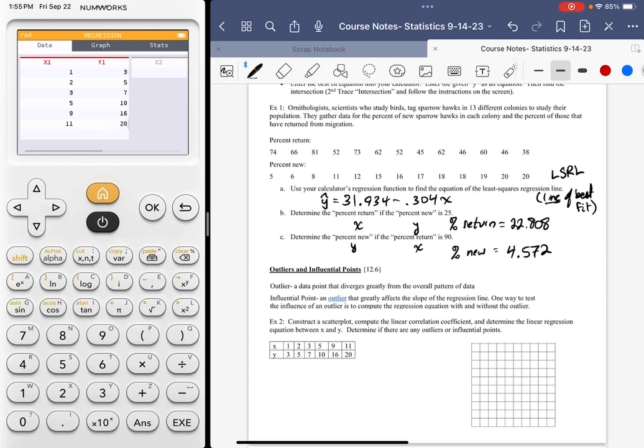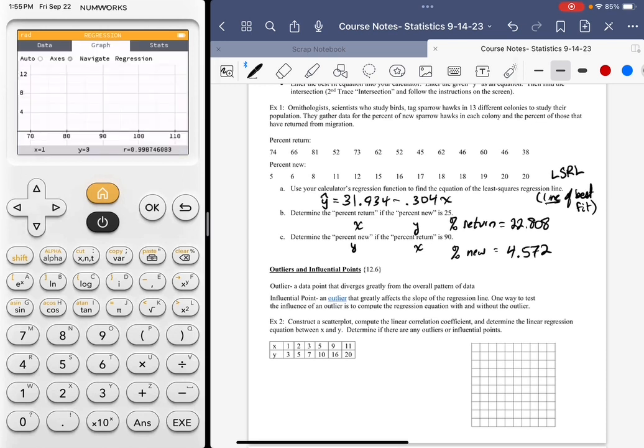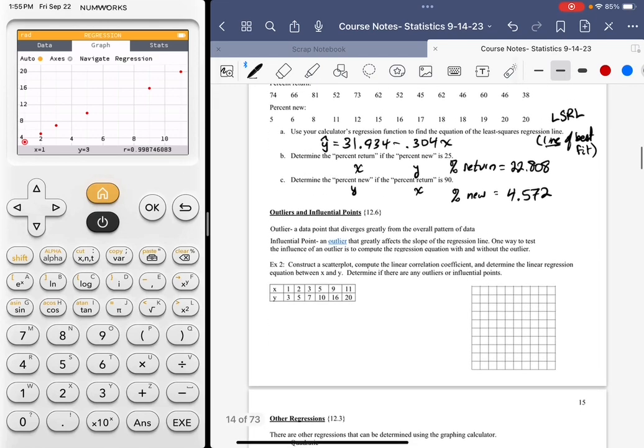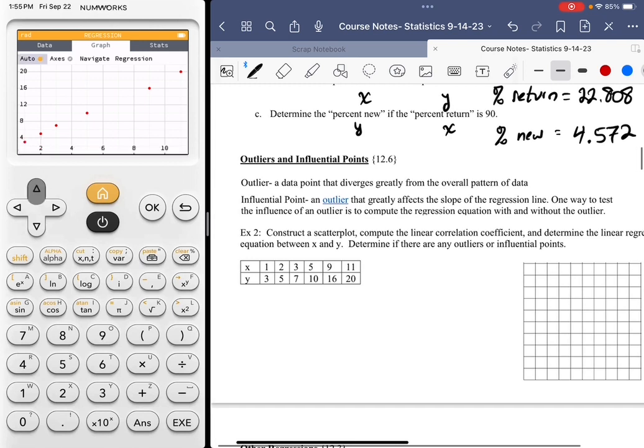Construct a scatter plot. Well, I got a calculator to do that for me. Go to auto, and it'll recenter it. I'm going to take the easy way out here. I'll do a screen grab and I'll just paste it in later. Compute the linear correlation coefficient.